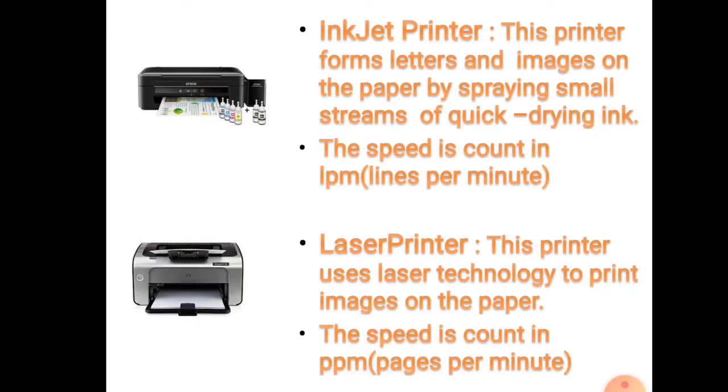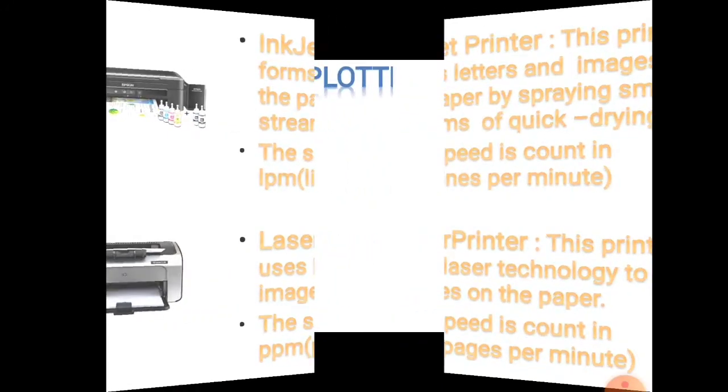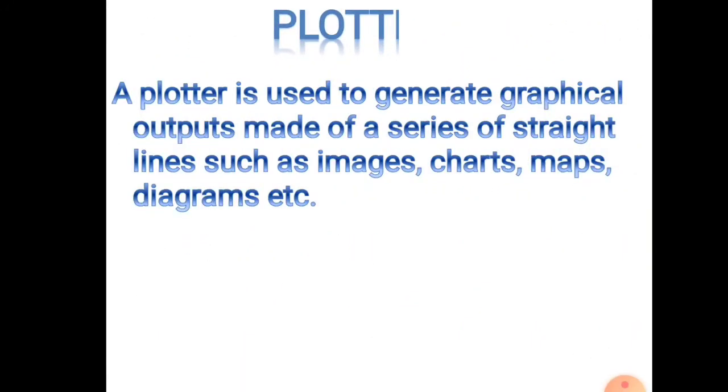Now, like the printer, another term is plotter. What do we mean by plotter and how does it work, that we'll see. A plotter is used to generate graphical outputs made of a series of straight lines, such as images, big charts, maps, architectural diagrams.